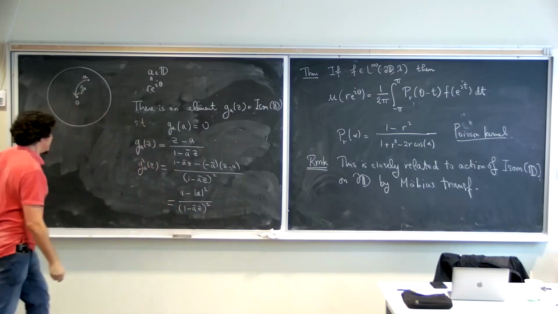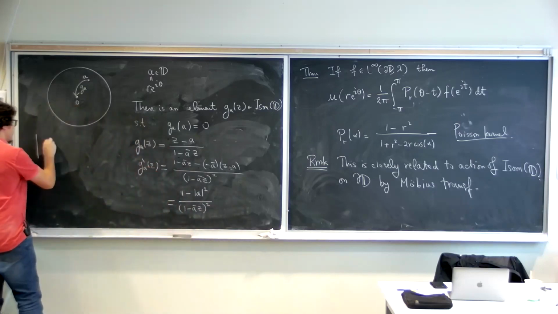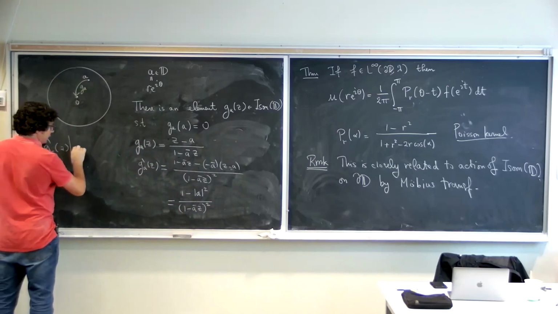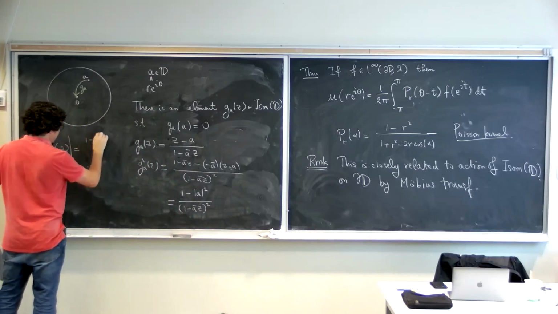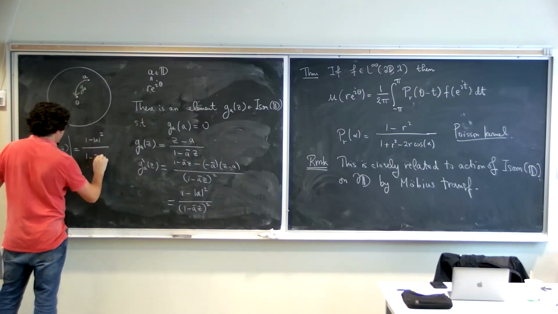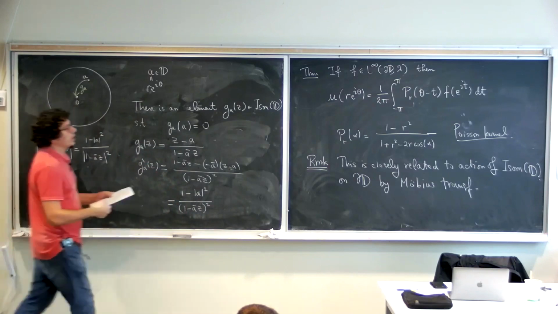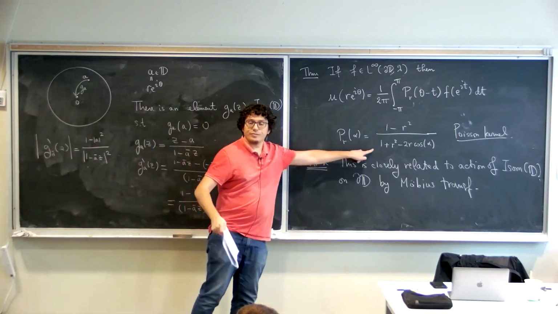So what we find out is the norm of g_A prime at z is (1 minus |A| squared) over |1 minus A bar z| squared. Now this already starts looking a little bit like this.